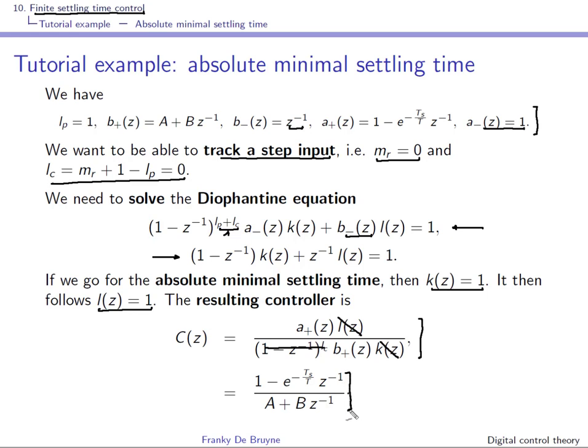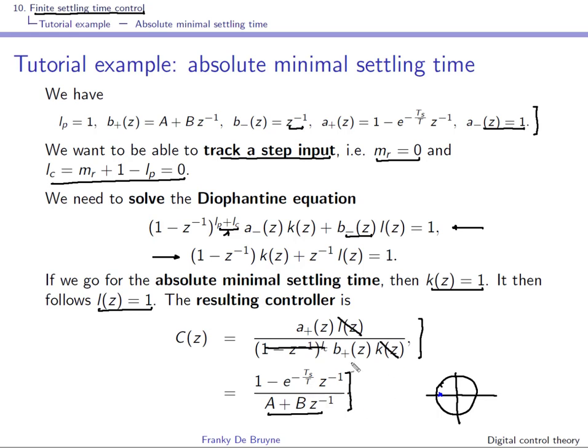But if you look at this, you see that we'll have a problem, because we're canceling here this 0 from the process, and it's a 0 that is located over here. So what we'll have is control energy that will be oscillating, which is of course not desired.